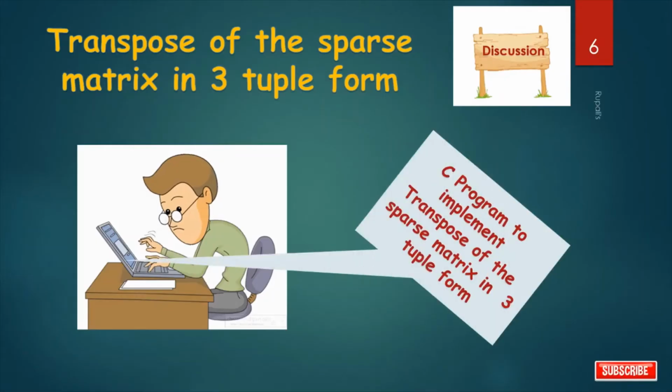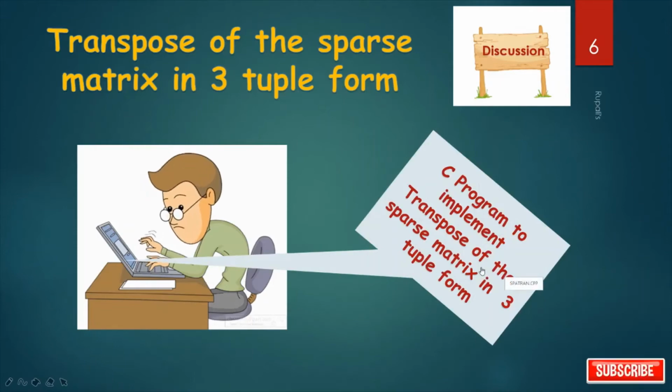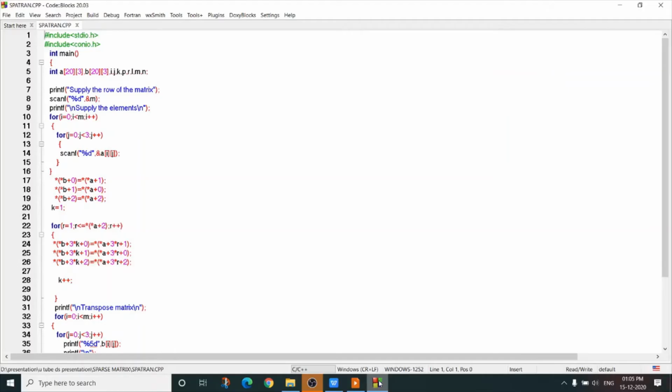C program to implement transpose of the sparse matrix in 3-tuple form. See the coding. So this is our program. Two two-dimensional arrays are required. One is for the 3-tuple form of the sparse matrix. Another is for the representation of the transpose in 3-tuple form.